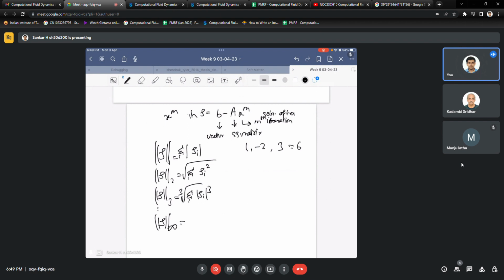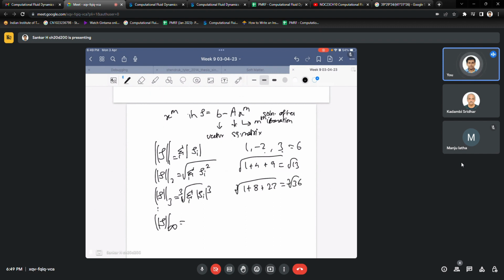The second norm will be the square root of 1 plus 4 plus 9, which is the square root of 14. The third norm will be the cube root of 1 plus 8 plus 27, which is the cube root of 36.